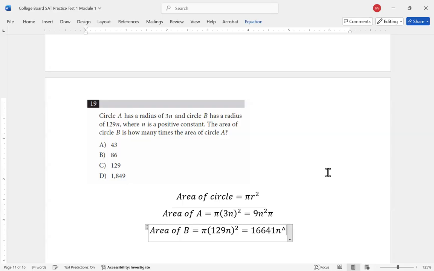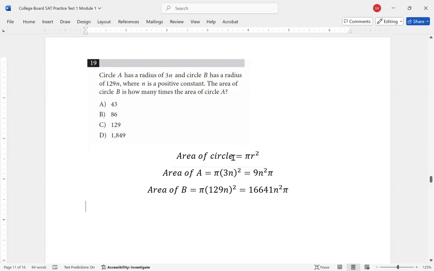Then we'd have the n squared and the pi as well. And so the question is asking, the area of circle B is how many times the area of circle A. So what do we need to multiply 9 by to get 16,641?